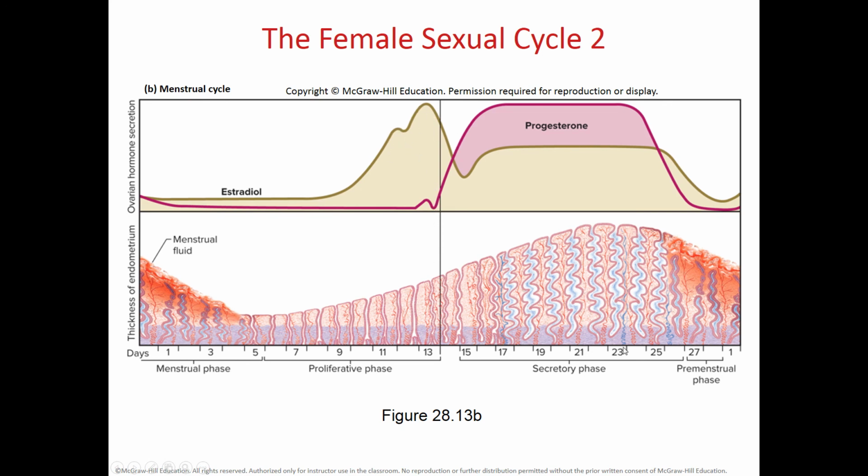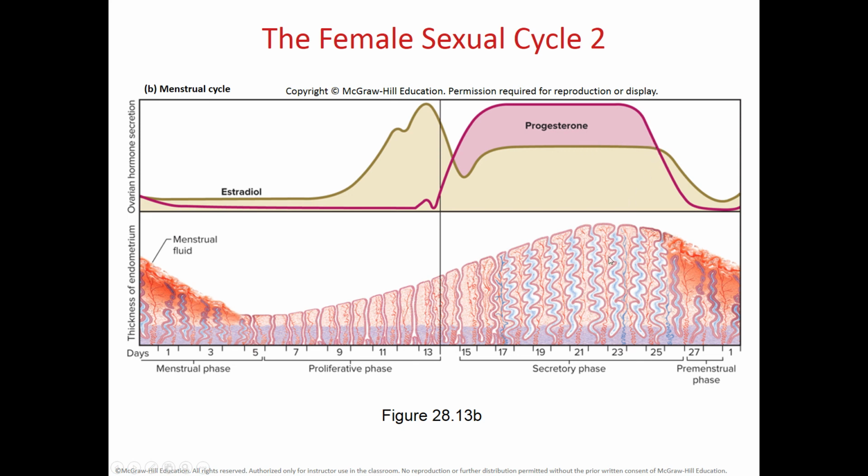During the secretory phase, which is after day 14, the ovulation period, you will have a surge of progesterone because the corpus luteum is secreting progesterone, and you maintain high levels of estrogens.